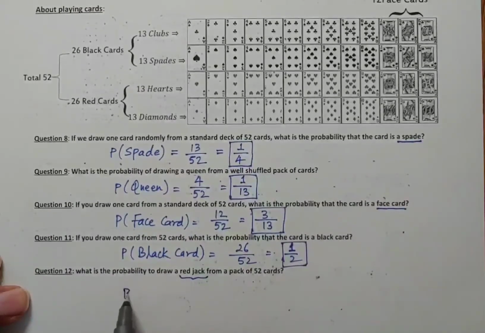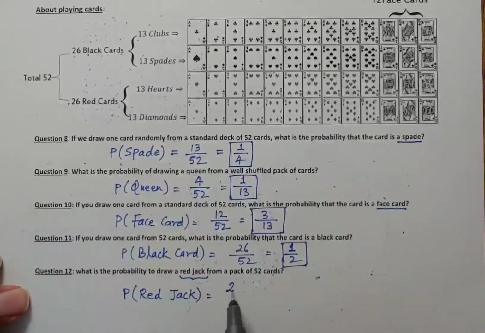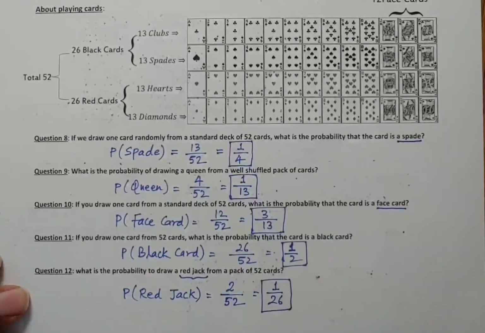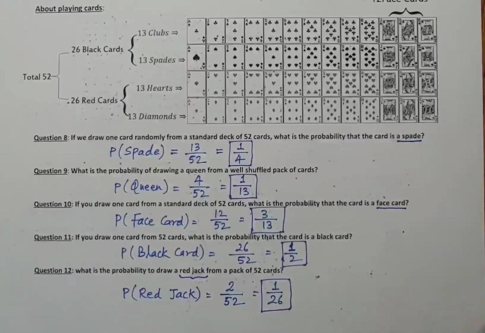So the probability of a red jack equals 2 out of 52 cards. 2 out of 52 is 1 out of 26. So this is the probability of getting a red jack from the 52 cards.